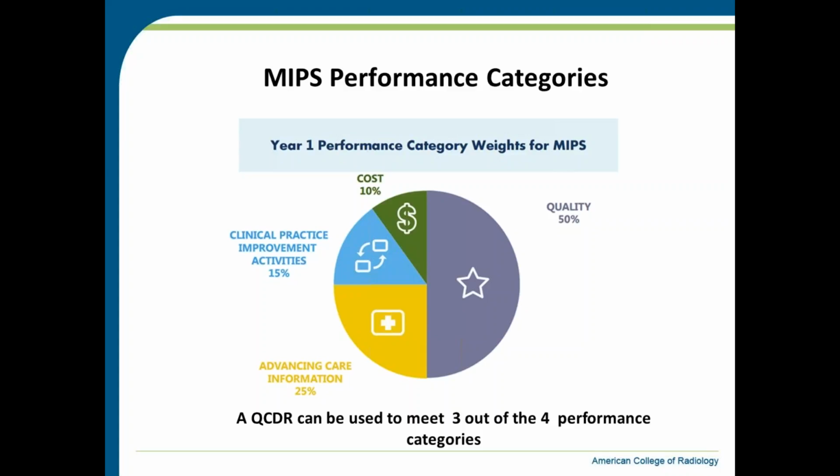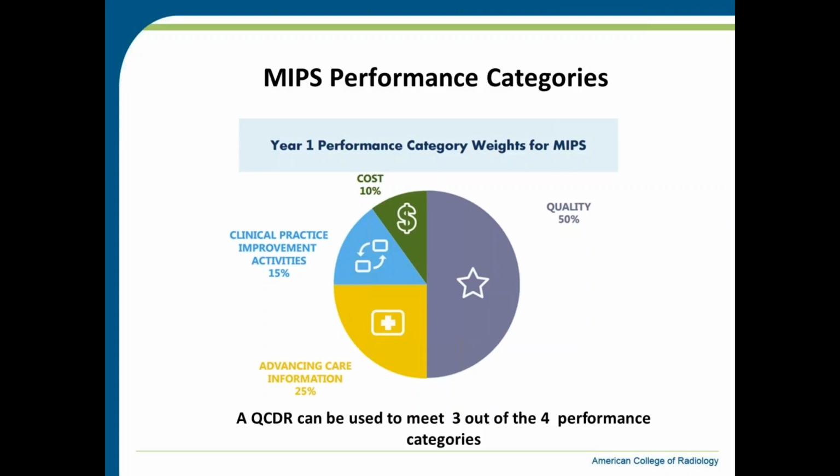That's going to be similar to meaningful use and anything dealing with interoperability and making measures accessible electronically through the EHR. The graph shows how the doctor's reimbursement will be affected. 50% of the doctor's reimbursement will be tied to quality, and clinical practice improvement activities will account for 15%.